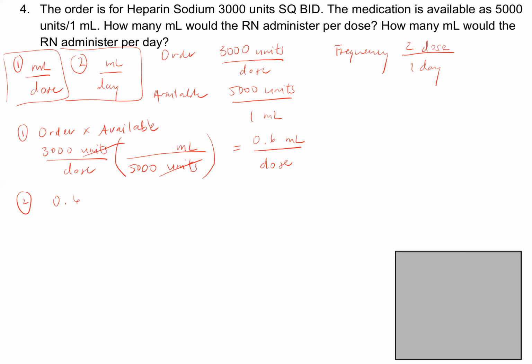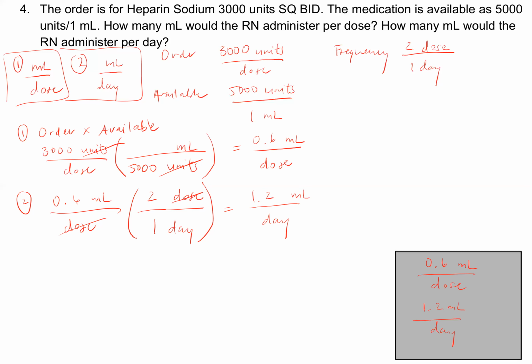So bringing it down, you write your frequency. Remember, dose units are going to cancel. Your days are going to be the denominator. Don't forget to write down your numbers. And you get 1.2 mLs per day. So the first part of the answer is 0.6 mLs per dose. And the second part is 1.2 mLs per day.